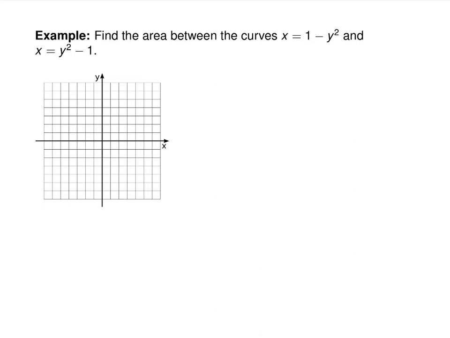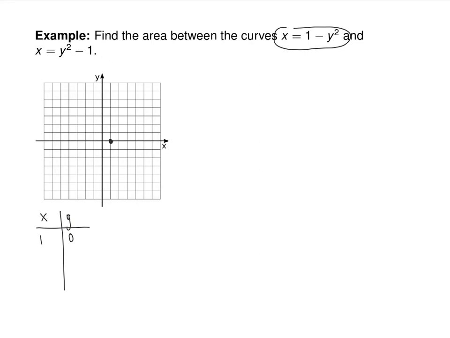All right, let's do a little bit simpler one. So find the area between the curves x equals 1 minus y squared and x equals y squared minus 1. So for the first one, let's just make a table and plug in some numbers. X, y. So if I input y equals 0, it looks like I get x equals 1.